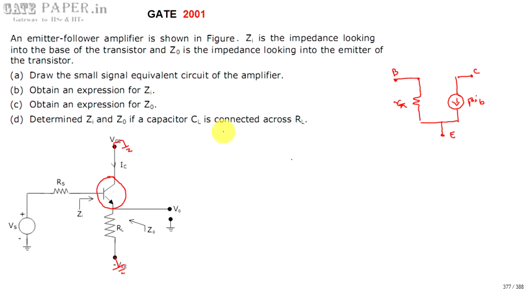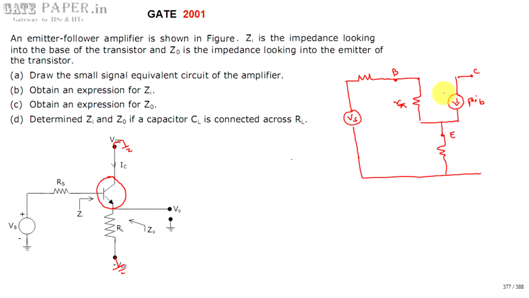So this is the equivalent model for the transistor symbol, and the base is connecting with RS towards VS, and it is connected to ground. The emitter is connecting with RL, which is connected to ground.